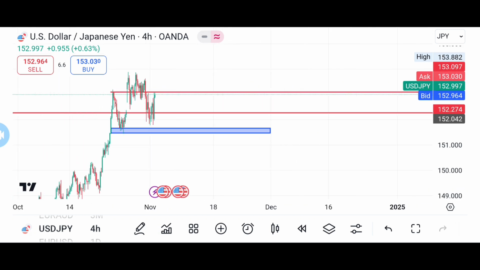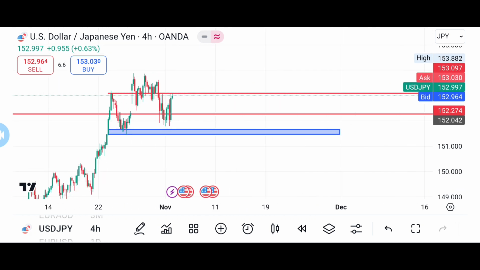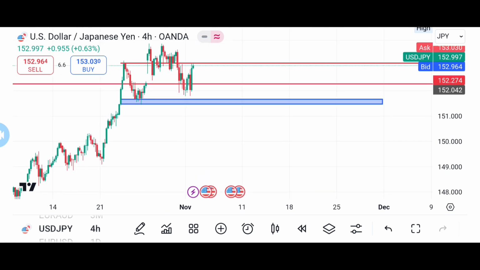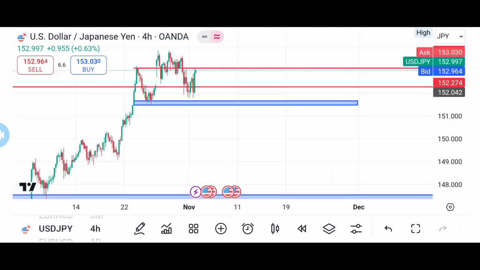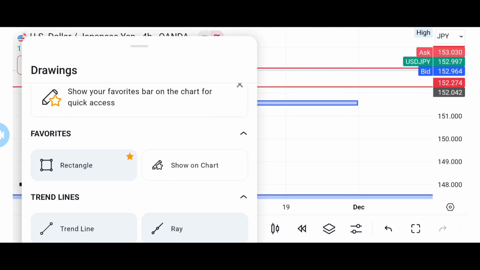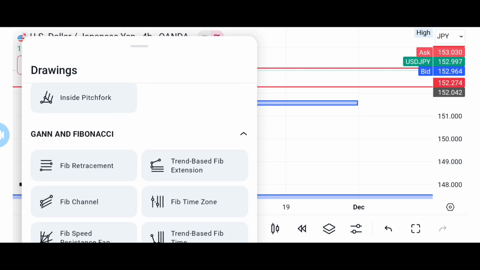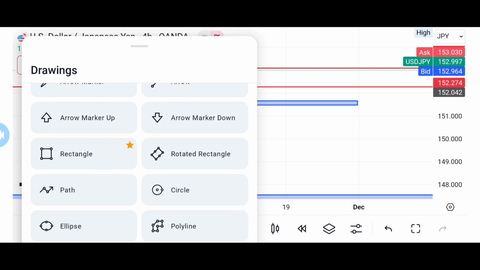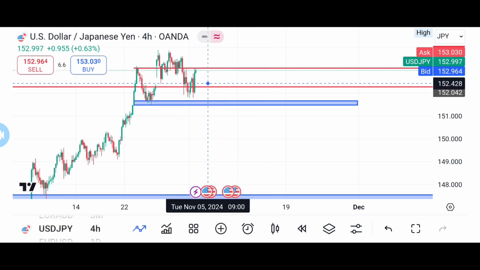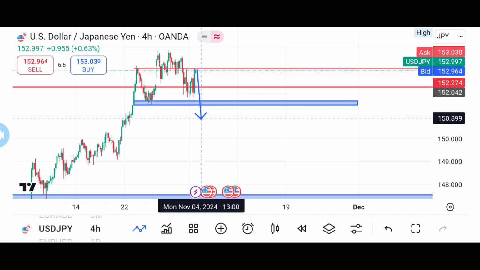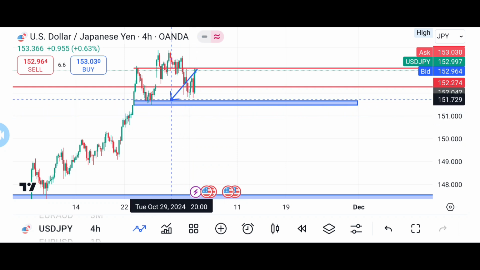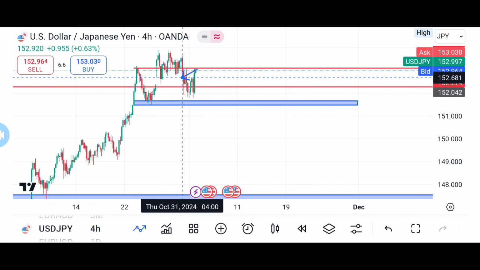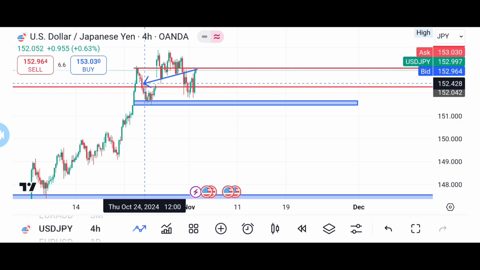So the rule of this, our work is to observe patiently. What are we going to observe? We are going to observe several things. Number one is, if the sellers will manage to break our neckline with a bearish candle, the red candle you see is what we are calling a bearish candle.